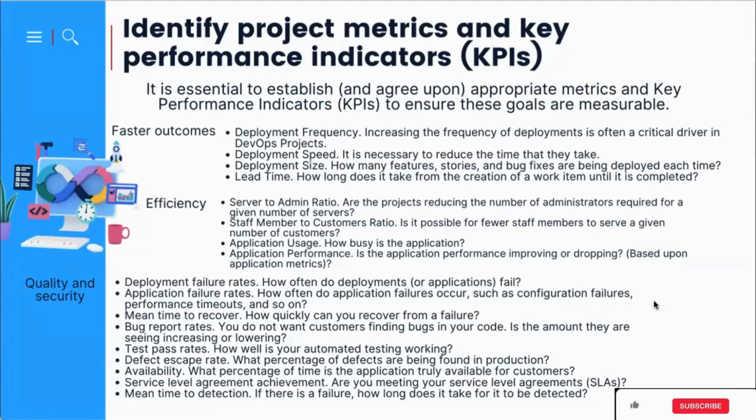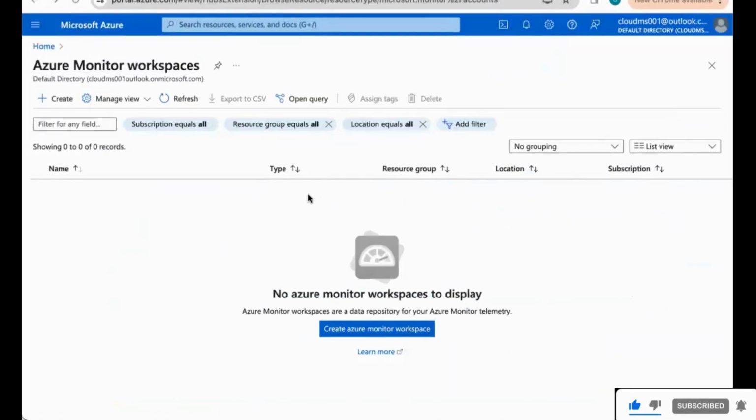Quality covers deployment failures, application failure rates, mean time to recover, bug report rates, test pass rates, defect escape rate, availability, service level agreement achievement, and mean time to detection. These are what we have to think about whenever we work on this kind of culture, right?